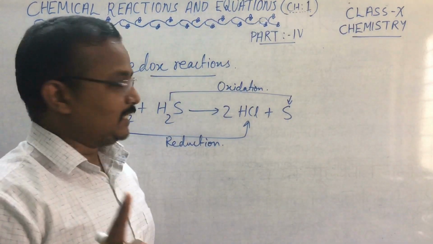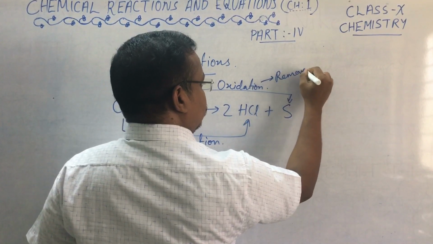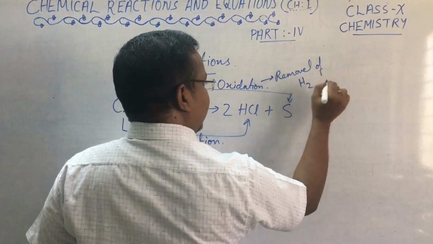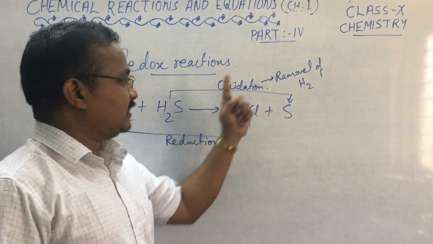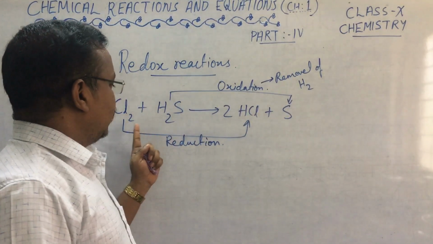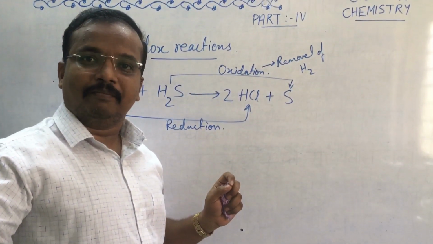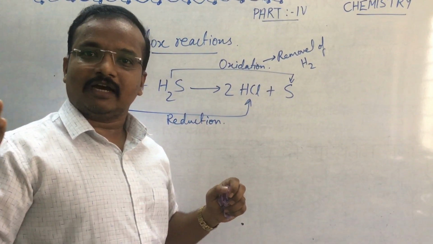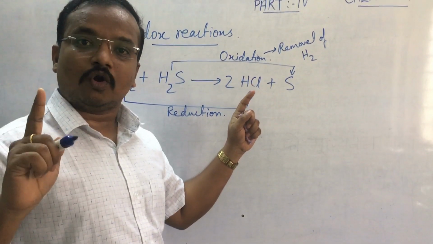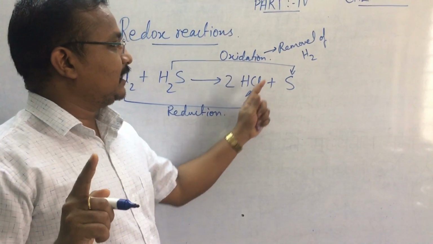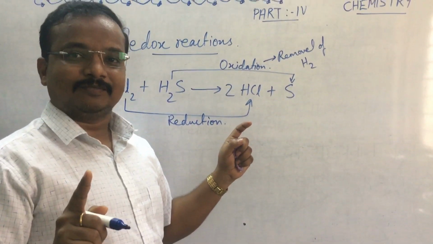So children, remember nicely, removal of hydrogen or addition of hydrogen: removal of hydrogen is called oxidation, and addition of hydrogen is called reduction. What we have learned before is that addition of oxygen is called oxidation. Now we are learning that removal of hydrogen is also called oxidation, right?